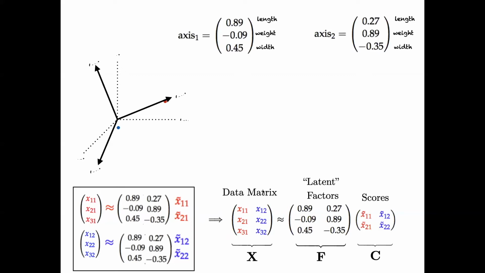So the only thing that's different here than what you're conventionally used to is that I've put my observations along the columns and then my variables, length, weight, and width, along the rows of the matrix. If you'd like to transform this into your conventional statistical framework, you just transpose both sides of this equation. But for now, I think it's a little bit easier to see using the matrix as columns.